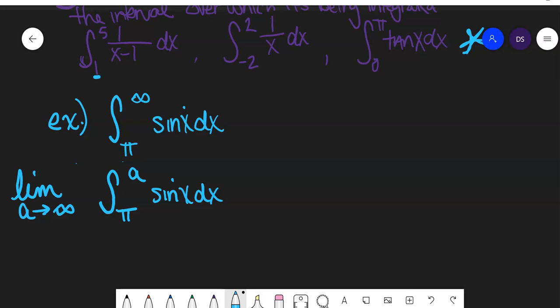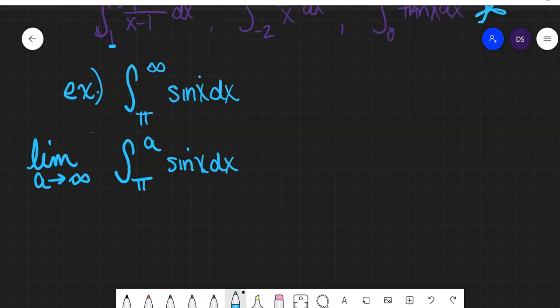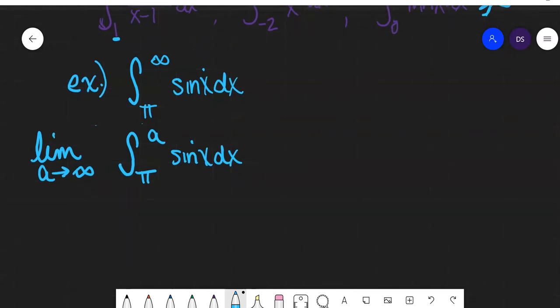So if I was doing this in a multiple choice question, I would never waste time writing the word limit. I would just write it with an infinity as the upper bound, integrate and substitute, and then get my answer. But I'm teaching you the proper way so that in case this would show up on a free response, plus just so you know the proper technique, you would get it right.